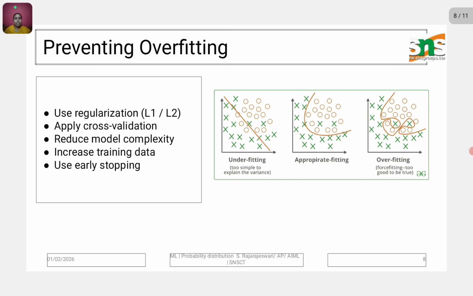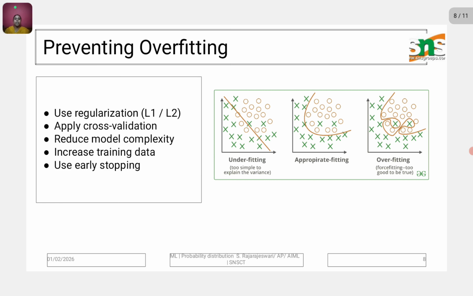The appropriate fit has labeled data with simple variance. In overfitting, the model is force fitting, too good to be true. This represents increasing the training data to reduce the model complexity. So this is the prevention of overfitting.